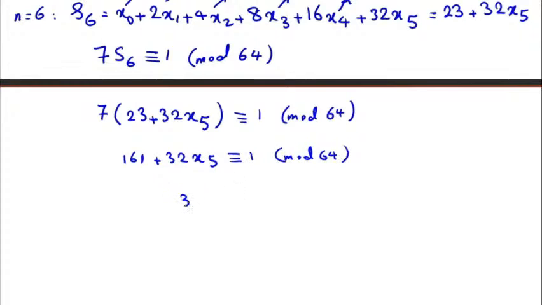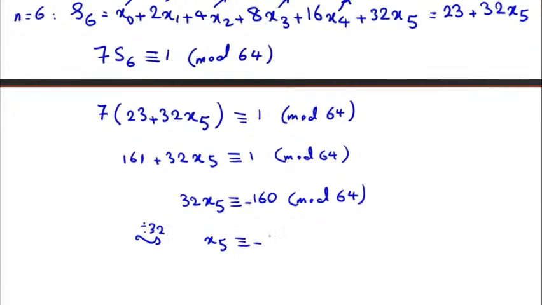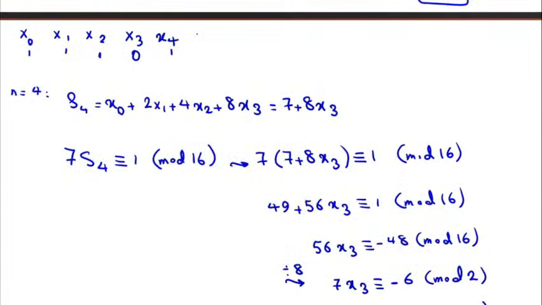If we take 161 to the right hand side, 32x5 will be negative 160 mod 64. And if we divide both sides by 32, x5 is congruent to negative 5 mod 2, which is 1. Since x5 is 0 or 1, x5 has to be 1. So we've solved it: x5 is 1.